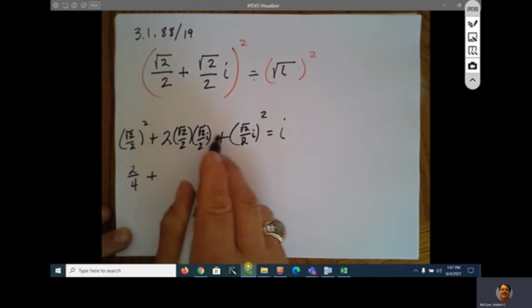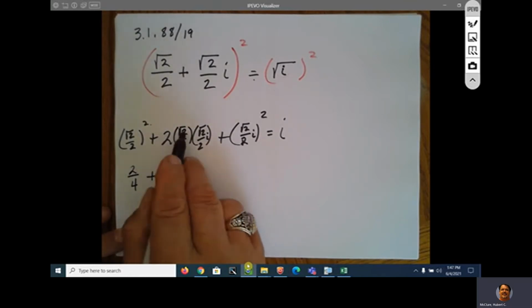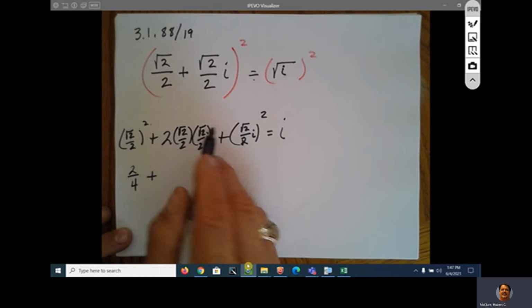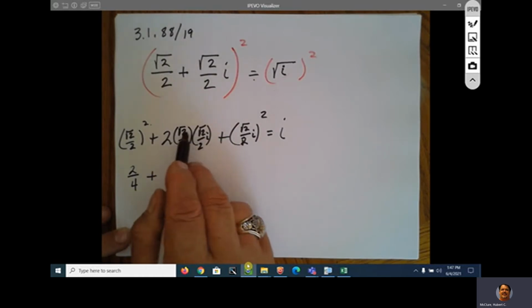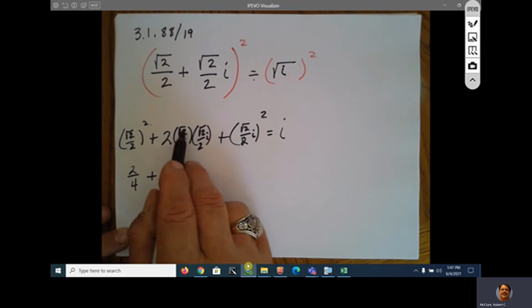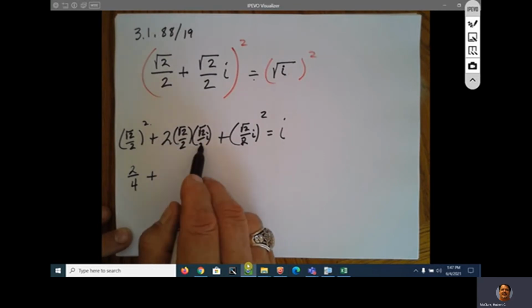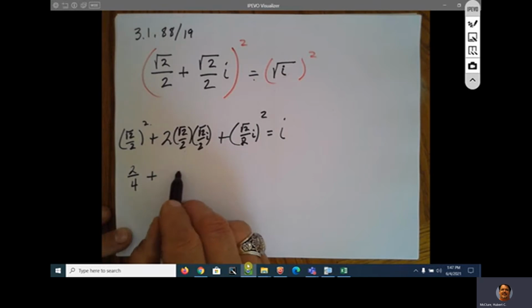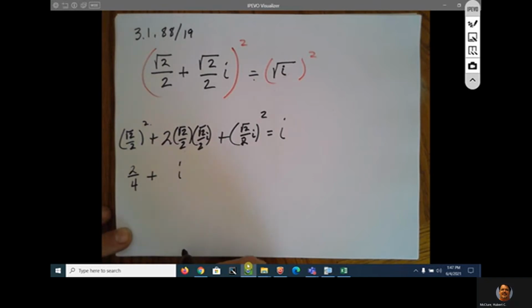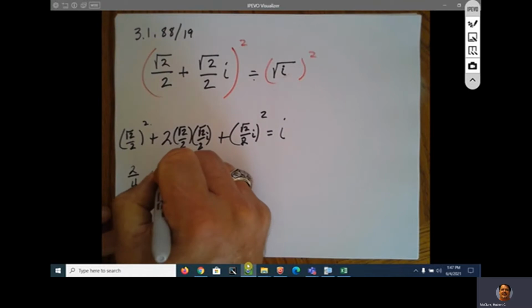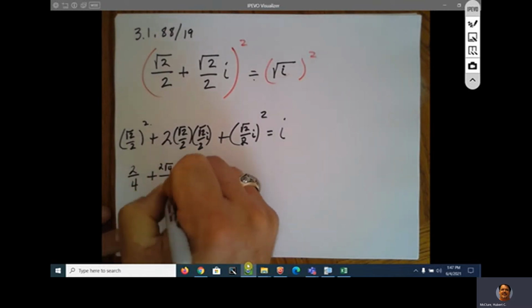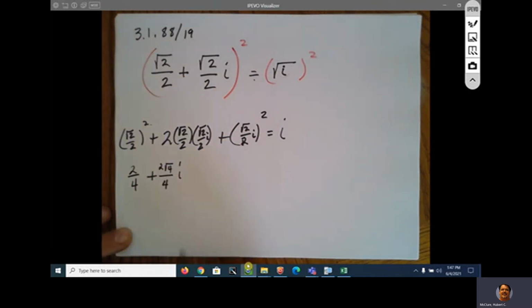And I'm going to do everything, let's see, 2 times square root of 2 times square root of 2. That's 4, because 2 square root of 2, so that's 4 over 2 times 2 is 4. That's i. Okay. And if you want to write it out, 2 square root of 4 over 4, and you'll see that cancels out.